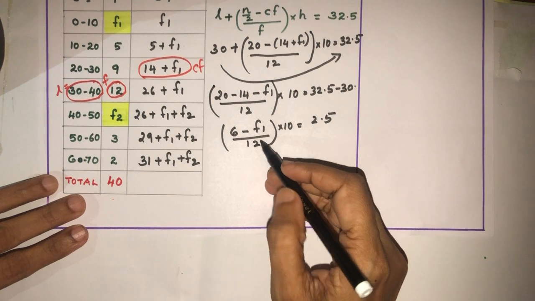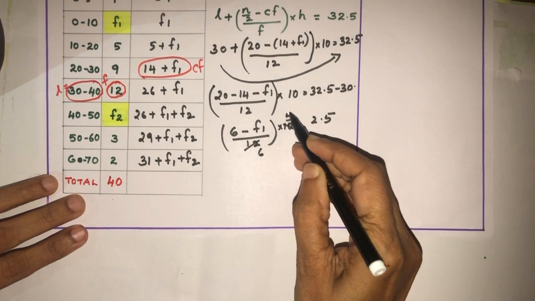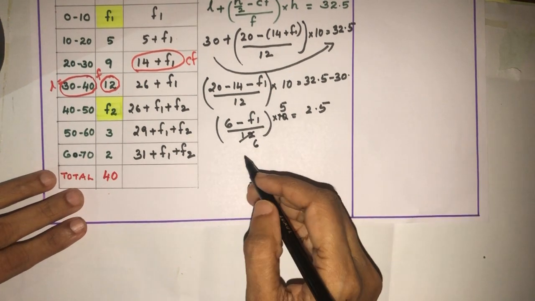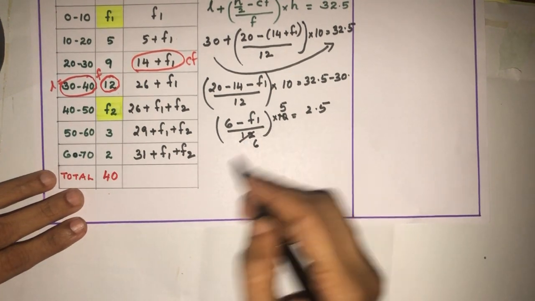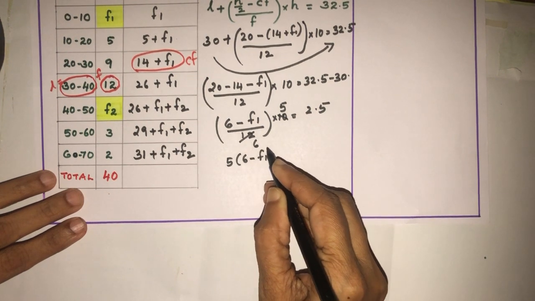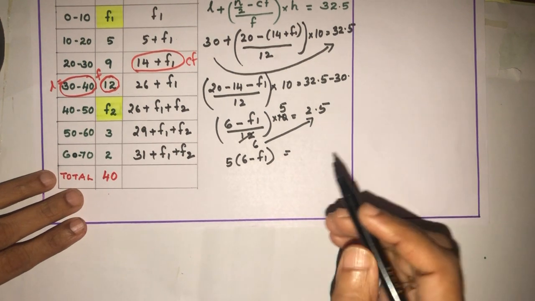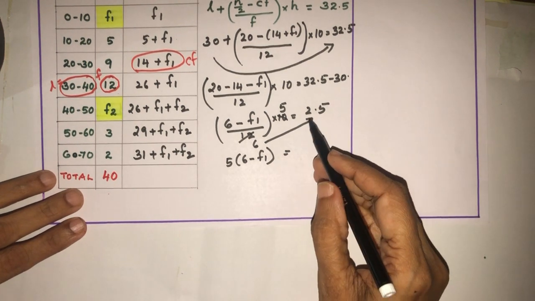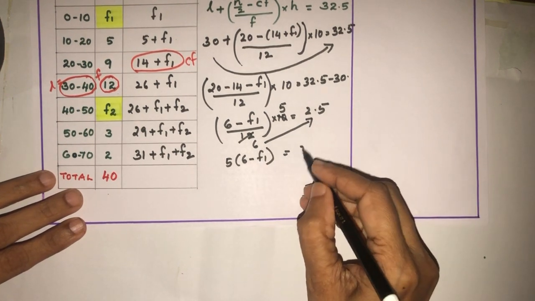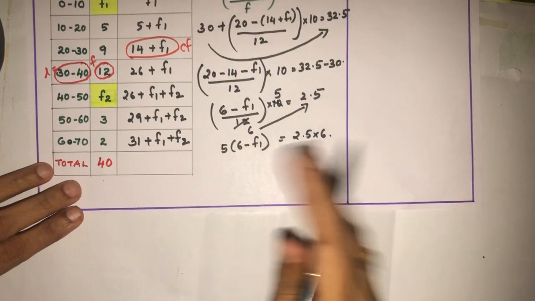Now here in the multiplication, we can do the cancellation. Here 6, here 5. Okay, both are divisible by 2. Now 5 into 6 minus F1 equals, this 6 can be taken to this side, 2.5 into 6. Here we can open the bracket.